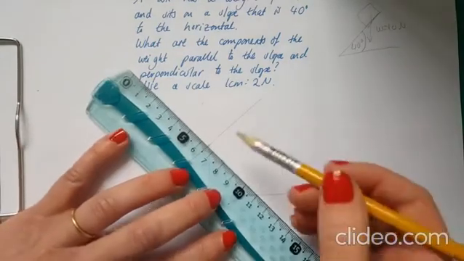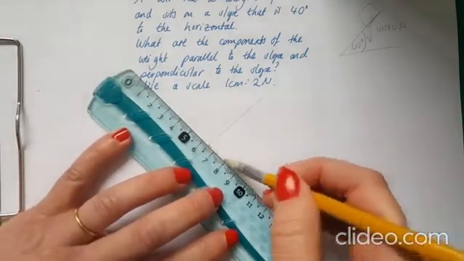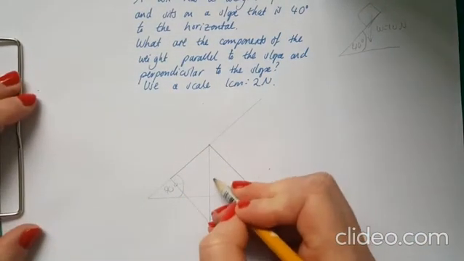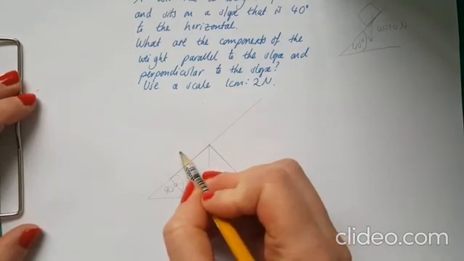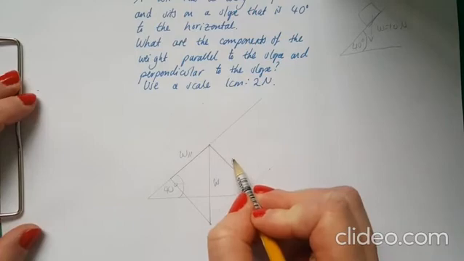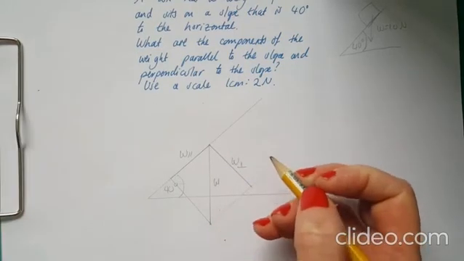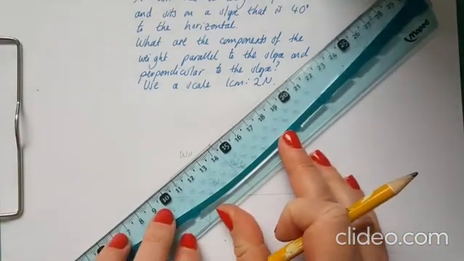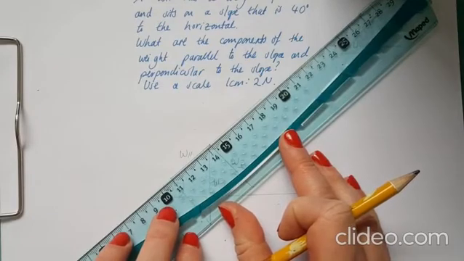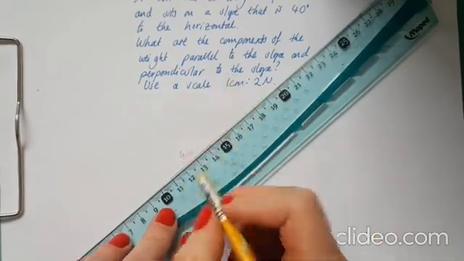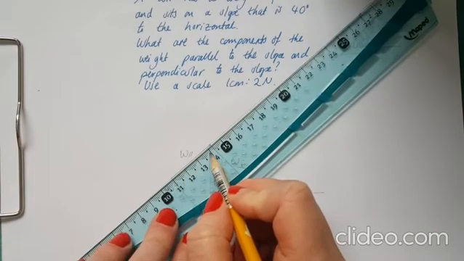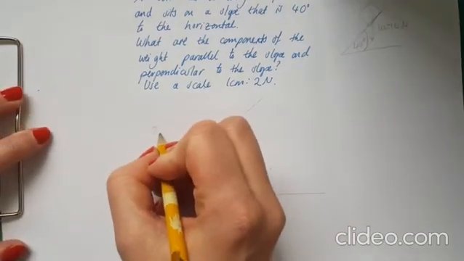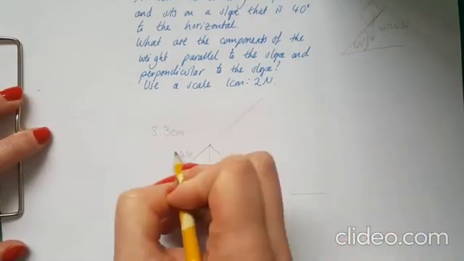Okay, and now this is the component of the weight that is perpendicular to the slope. So this is my weight, this is my weight parallel, and this is my weight perpendicular. I can now measure the length of those lines. So that is 3.3 centimeters.